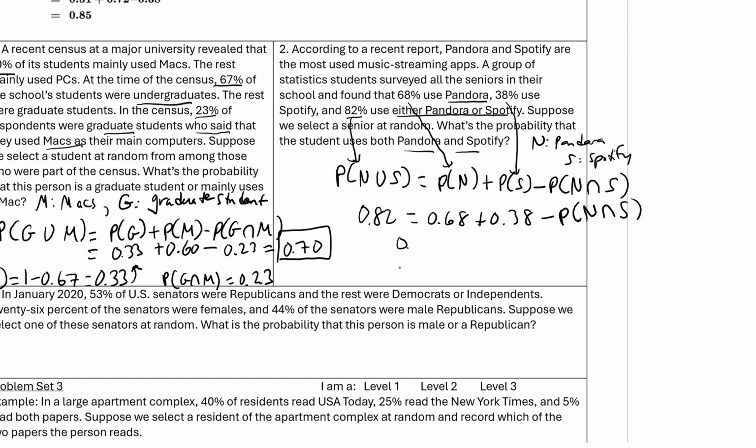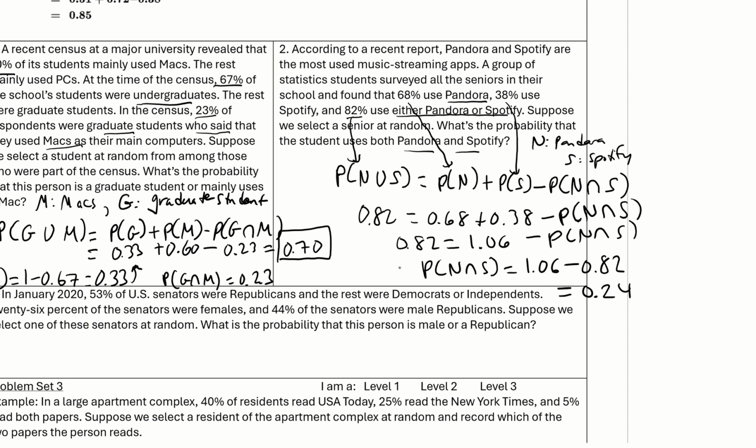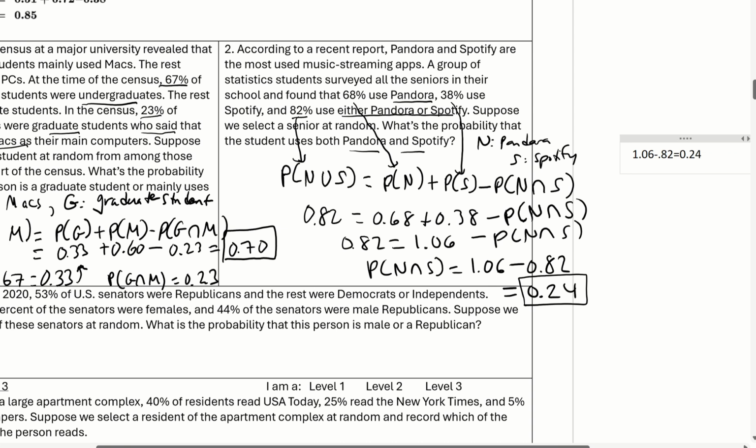Let's do the math: 0.82 is equal to 1.06 minus the intersect. So the intersect is 1.06 minus 0.82, which is 0.24. Let me double check that. 0.24. All right, there's your answer.